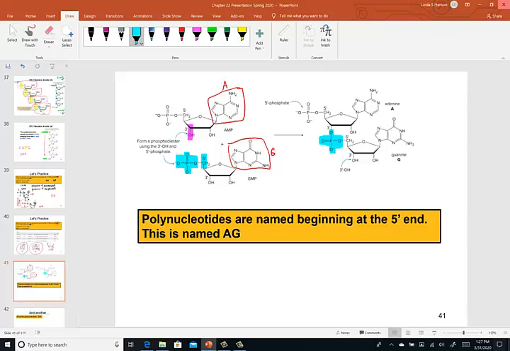When we label this, we just name it as AG. Just name the bases as you go down from the 5' end at the top, reading down to the 3' end. Make sure in your notes you've taken the time for repetition, because that's how we learn. Repetition's our friend while we're learning. And make sure that you've drawn in adenine and guanine bases.